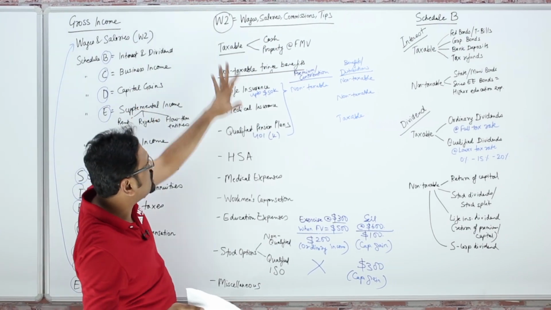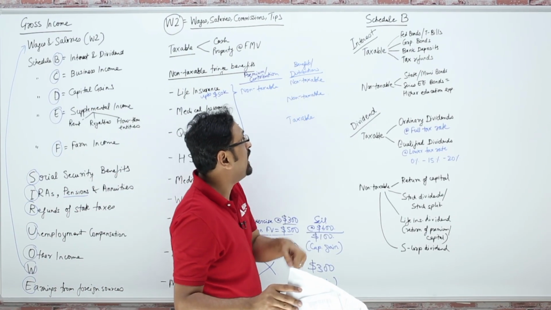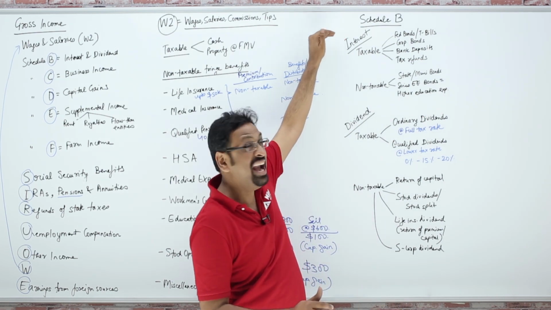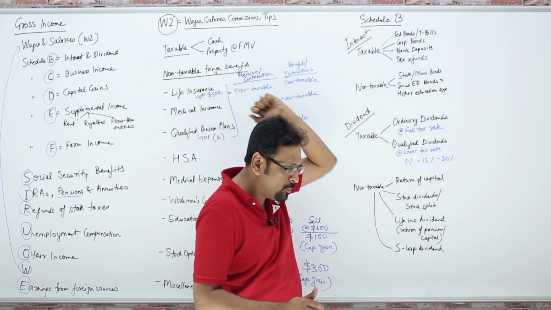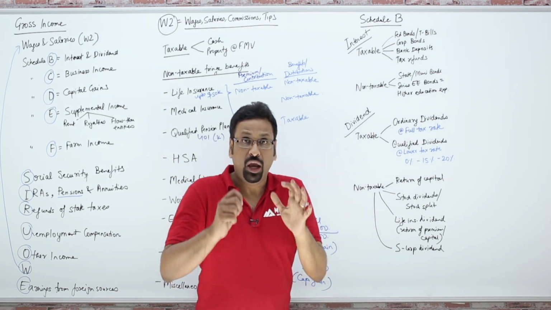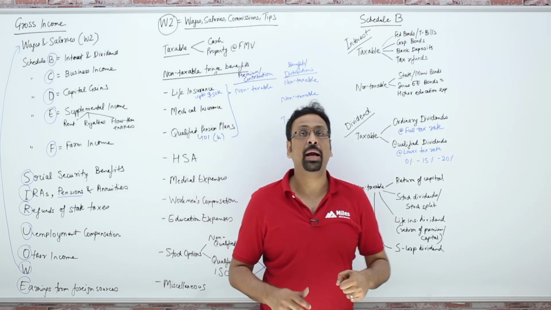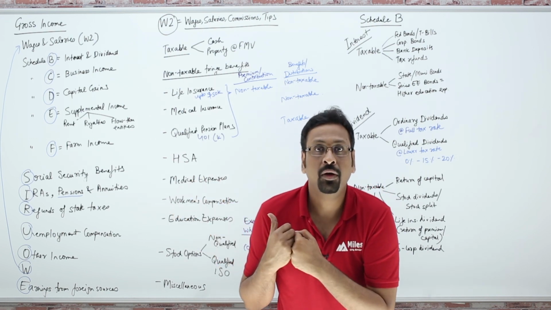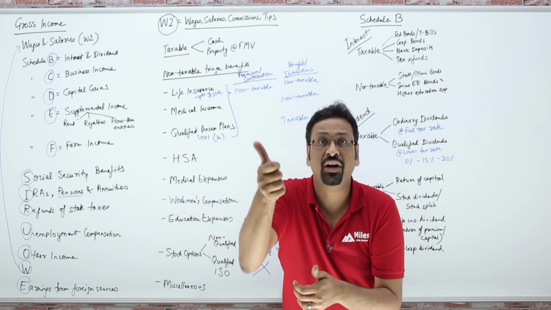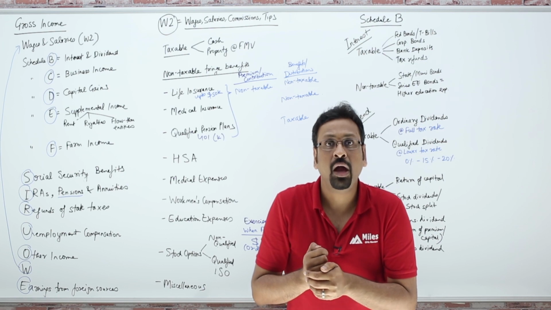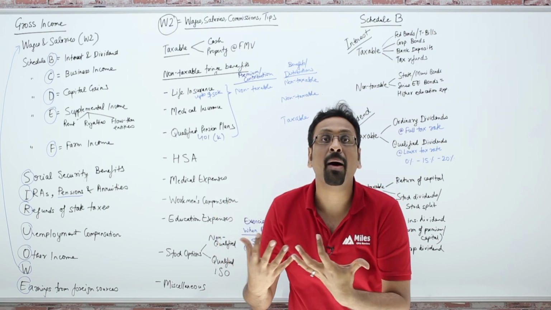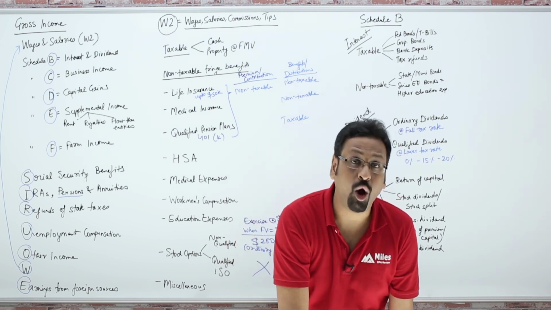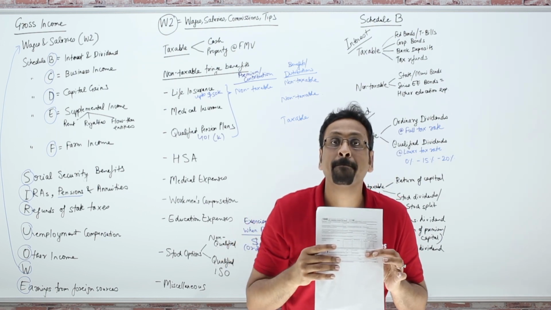So we looked at wages and salaries here. Now we are building it up to Schedule B, which includes interest and dividends. Let's talk about interest. So if you have invested in bonds or treasury bills issued by Uncle Sam, that's federal bonds or federal treasury bills, and you get interest income out of all that, that interest income is taxable on your 1040.